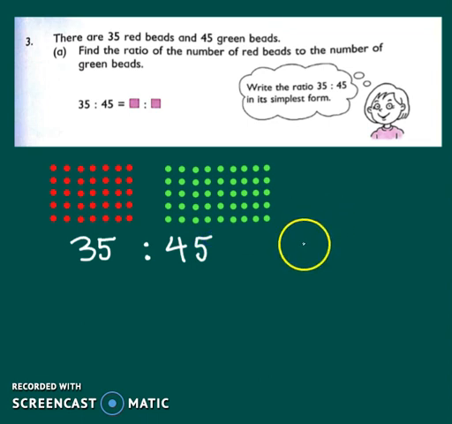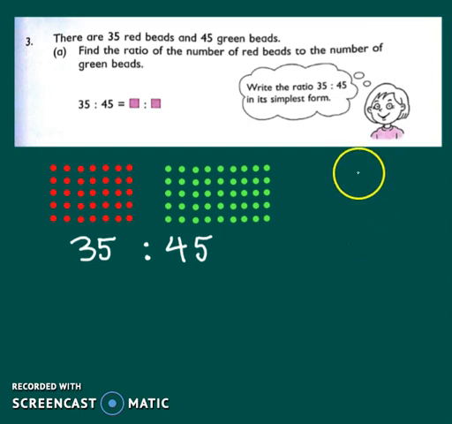So is that a ratio? Well, yes, it is. But we like to express ratio in the simplest terms possible. So we like to try to express it as the simplest units that we can find. And the way that we can do that is we can check if 35 and 45 have any common factors.